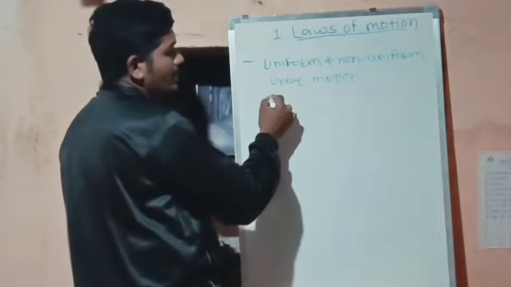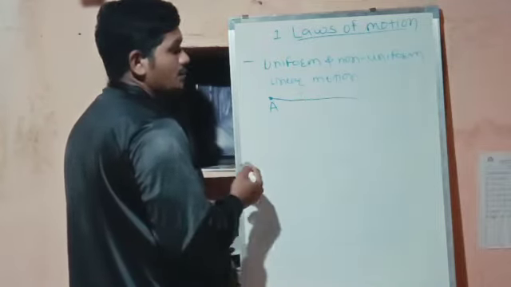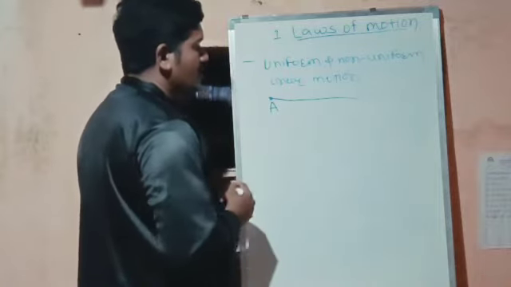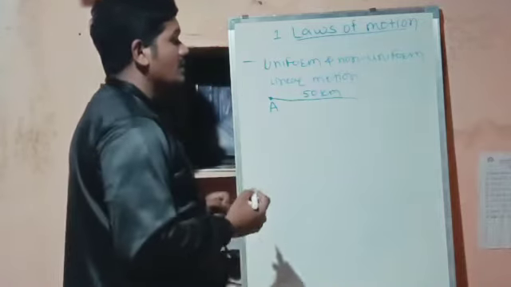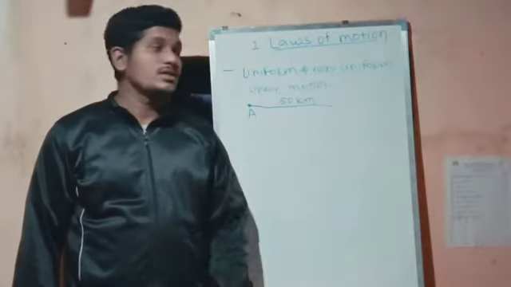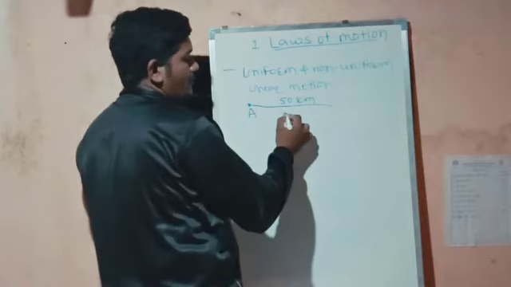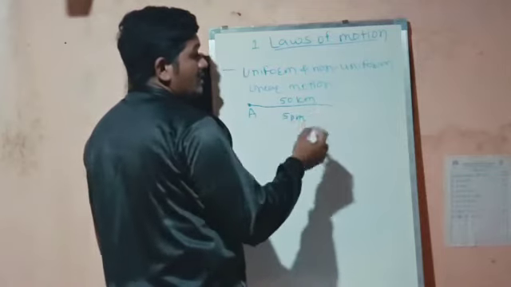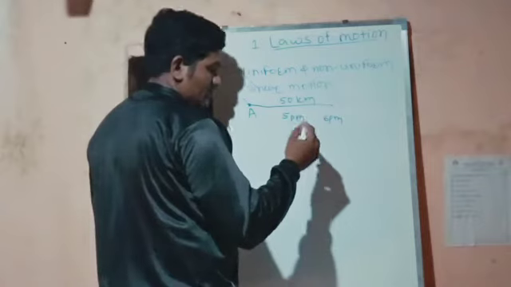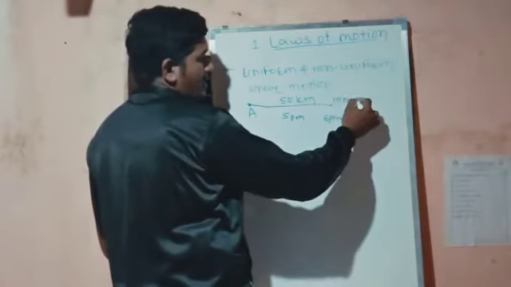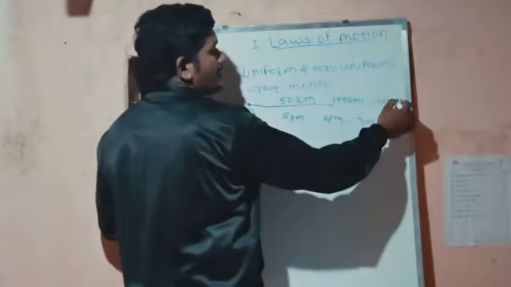Suppose A is one vehicle which is moving on the road, and suppose the distance covered by A is 50 kilometer at 5 p.m. Then at 6 p.m. it has covered 100 kilometer, and at 7 p.m. it has covered 150 kilometer.